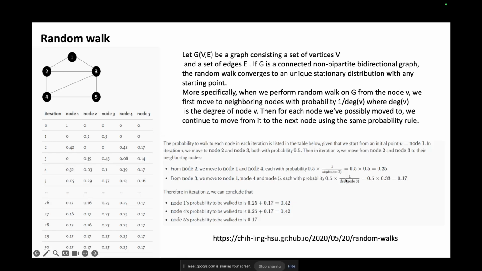Just a second, let me verify this. Okay, yeah. So you started from node 1. You either move to node 2 or 3, each with probability 0.5, right? What is the next step? You can move to either node 4, or you can move to node 1, right?